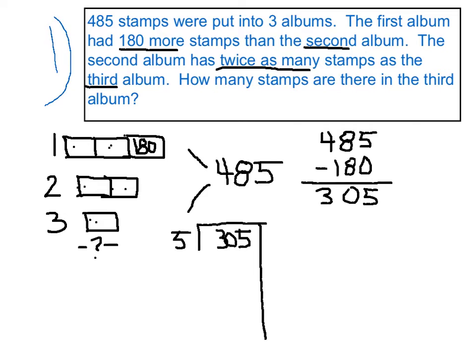I know that 5 times 6 is 30. So if I do 60 times 5, and 5 times 6 is 30 tens, that gives me 300. And I have 5 left over to still put in a group, and of course that's only one group of 5.